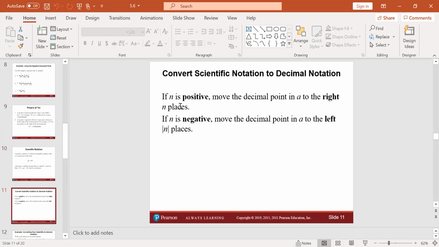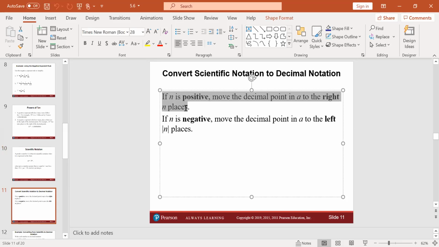So let's see. If you have n and it's positive, then to convert from scientific to decimal notation, you're going to move the decimal point in A to the right n places. So positive n equals really large number. If n is negative, you're dealing with a really small number.